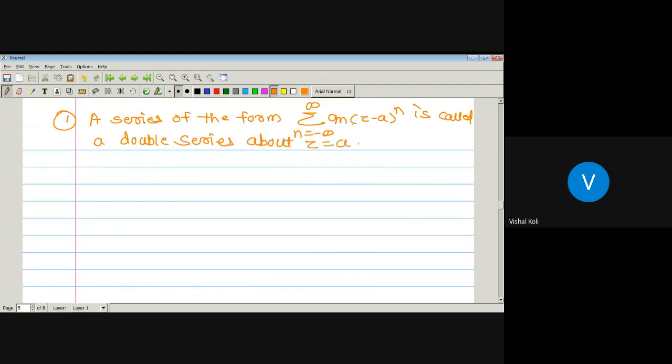Okay, so any series of the form summation n running from minus infinity to infinity a_n into (z minus a) to the power n is called a double series about the point z equal to a.